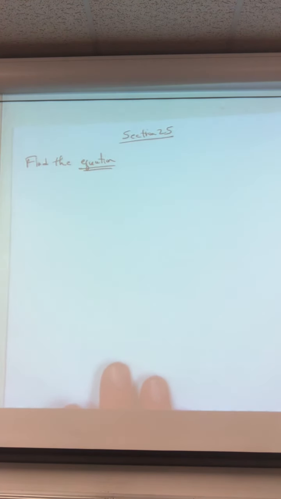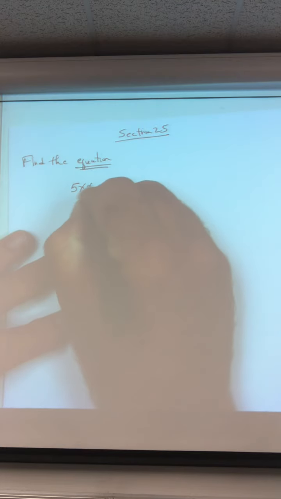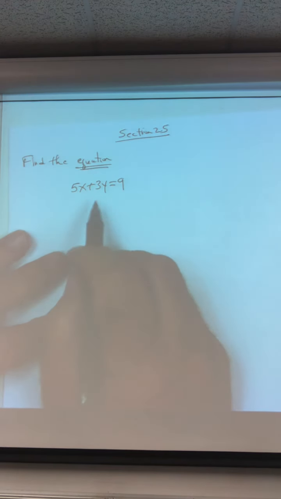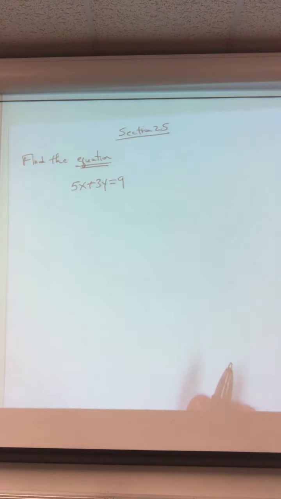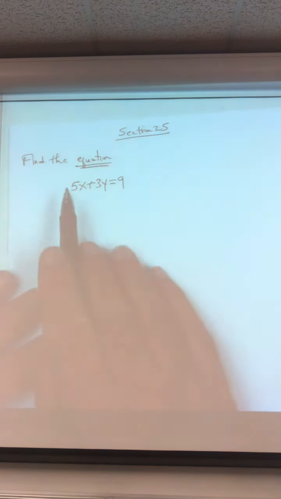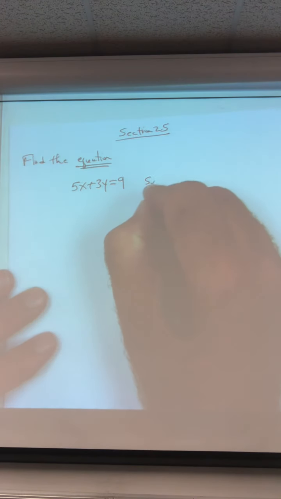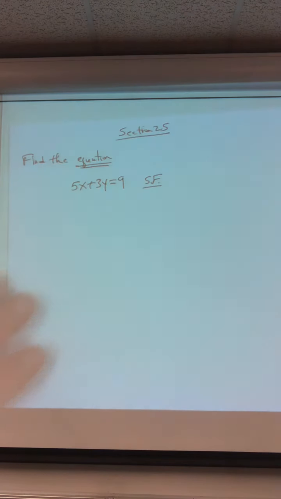The equation of the line is the thing that has the x's and the y's in it. For instance, this right here. This is the equation of a slanted line. How do I know it's slanted? Because it has an x and a y in it. This is standard form. What does standard form mean?